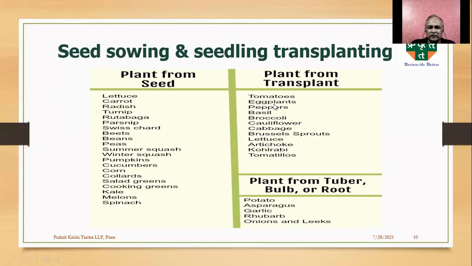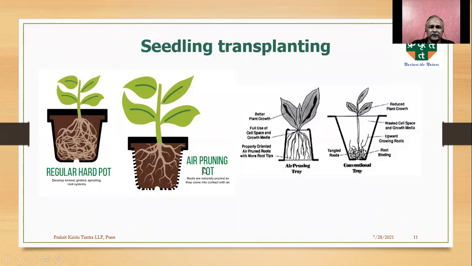Examples are eggplant and pepper, tomatoes, broccoli, cauliflower, cabbage, etc. Then certain crops don't use seed but use vegetative propagation through tuber, bulb, or root, like potato, asparagus, etc. You can grow asparagus at home, but not potato or onion or garlic. So asparagus you can grow in the home garden.